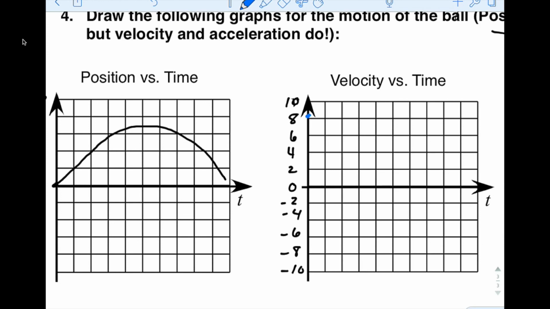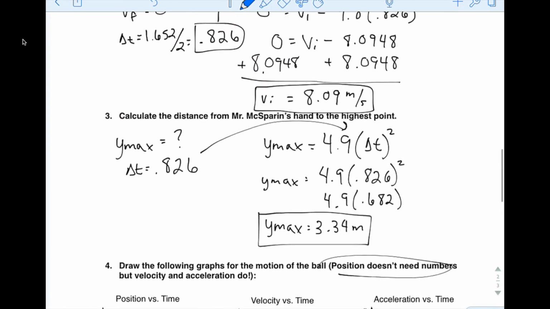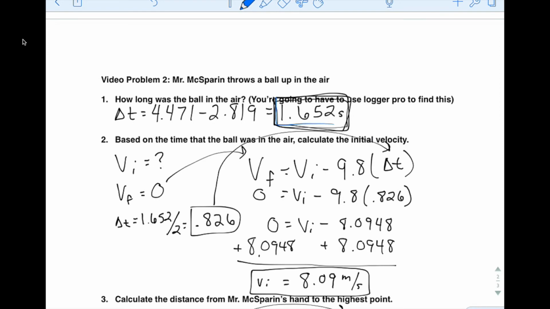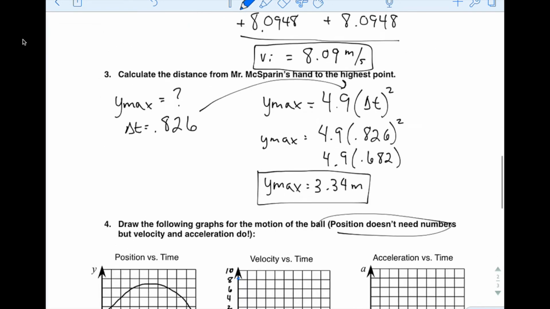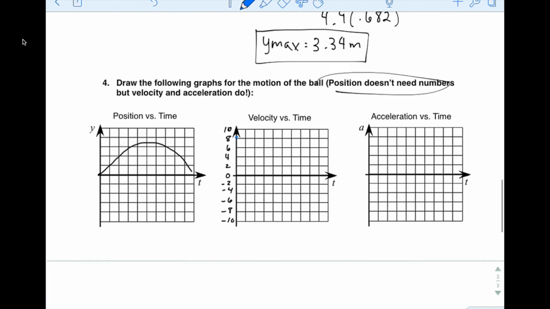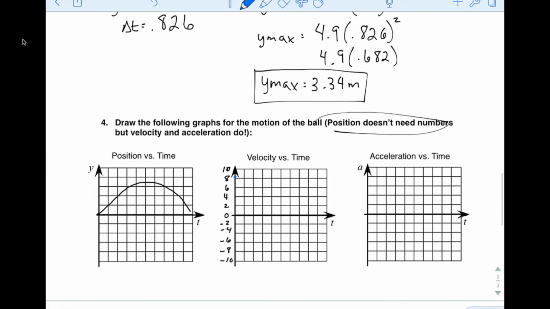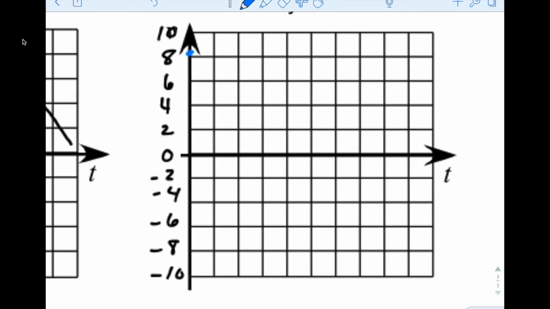Now, I also know this. All the way up and all the way down takes me 1.652 seconds. So I need to split this into about, zoom in, there we go. I've got 10 lines.